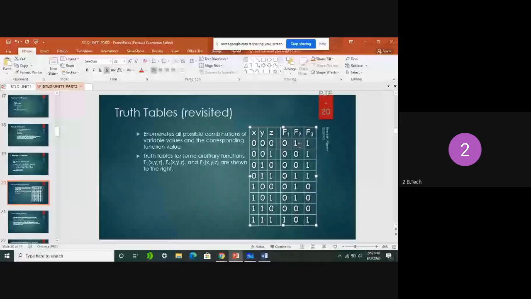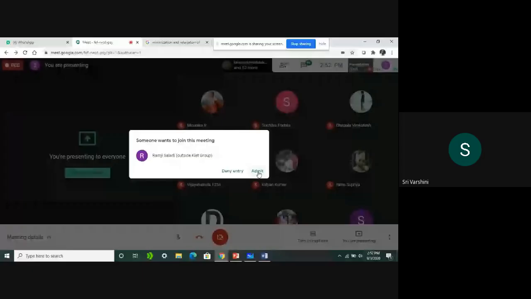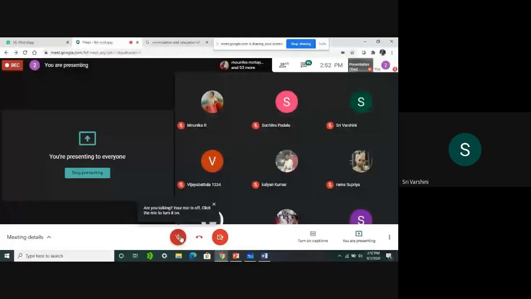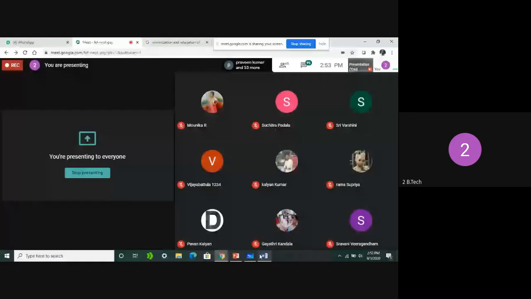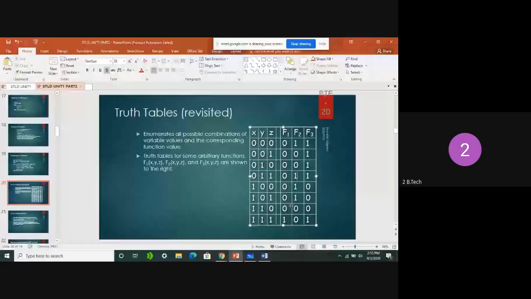And what is the other combination where f2 is going to be 1? When y is high and z becomes 1. So the other combination is y equals 1 and z equals 1, where x equals 0.